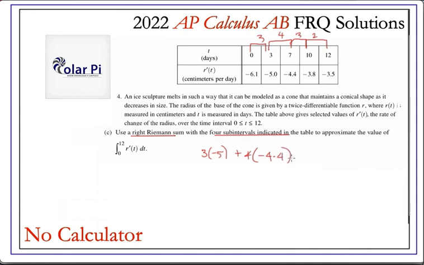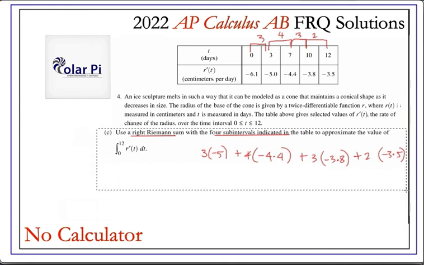Next is 3 as the width, and the height we want evaluated at 10, so R prime of 10 is -3.8. Finally we go 2, times -3.5. You have some slight computational work to do, but it's not so bad. We could create some conveniences, turn some stuff into fractions, and I'll leave it up to you to do that. Alright, cool, let's keep it moving.